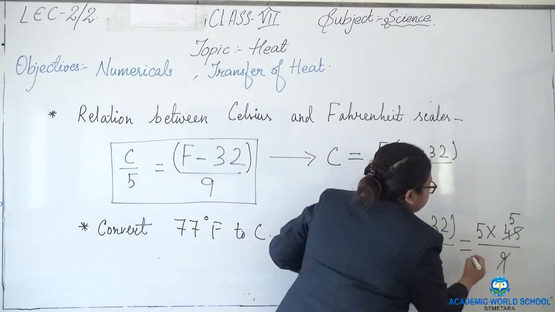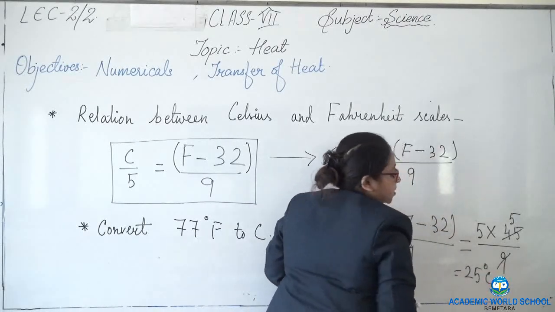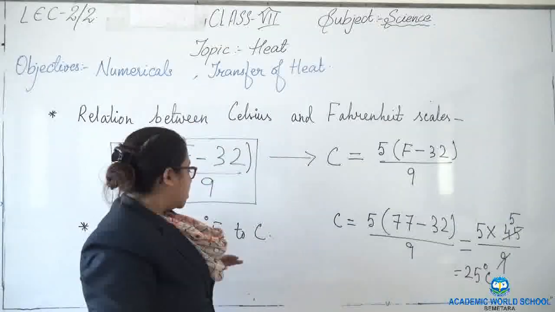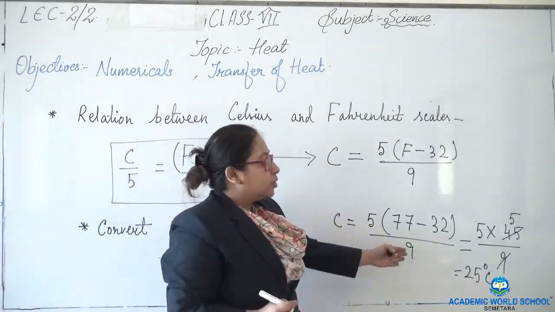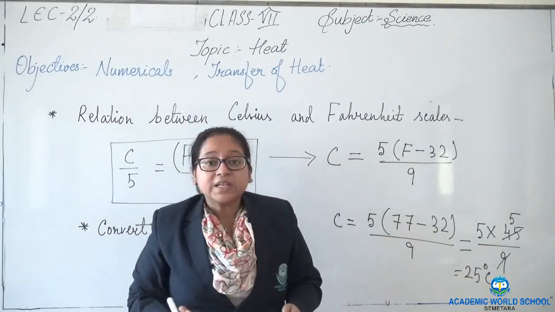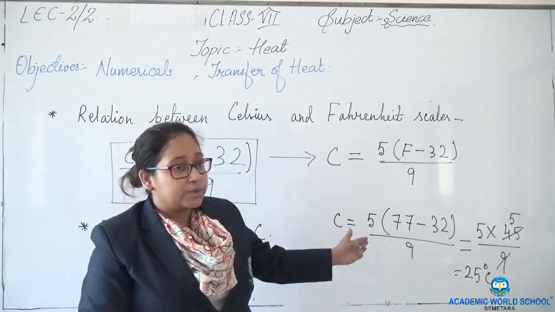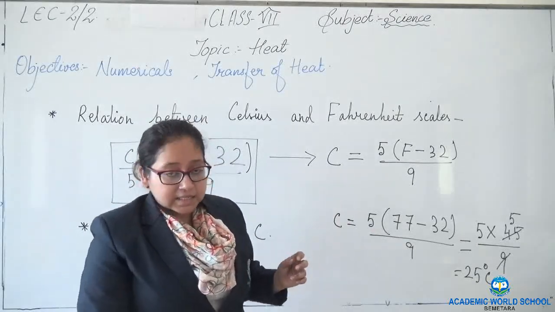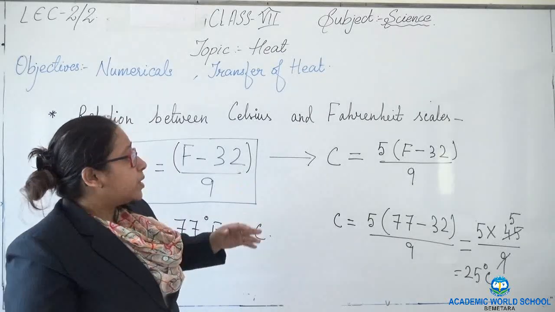So 5 fives are 25 degree Celsius. This is my answer. So 77 degree Fahrenheit is equal to 25 degree Celsius. All of you have done this sum, copy this sum. We will do one more sum.